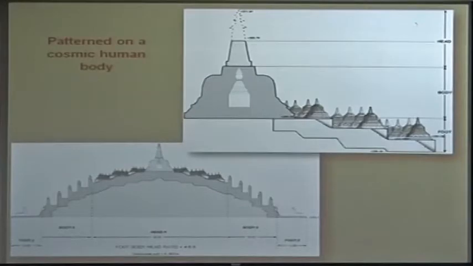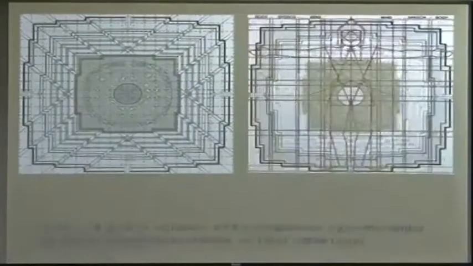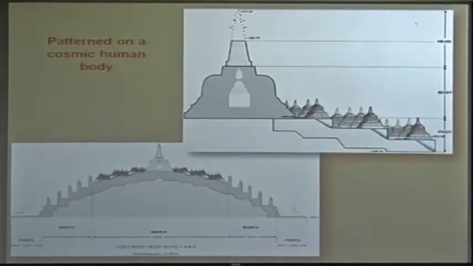Somebody called Mark Long did a very detailed, meticulous study of the stupa. First of all, he pointed to the same symbolism, and I want to show this because it's a Buddhist monument, not a Hindu monument, and yet it uses exactly the same cosmic philosophy.